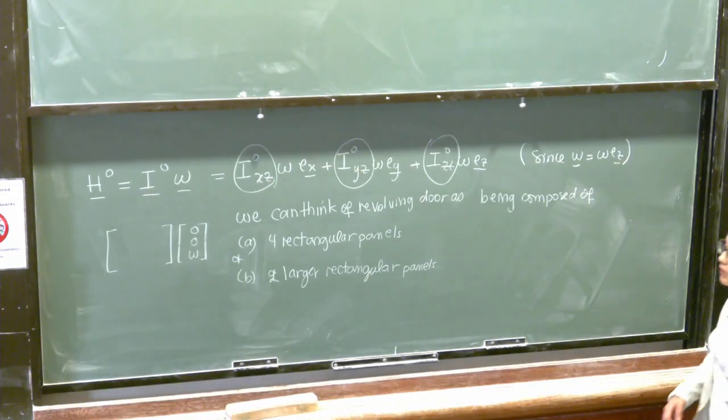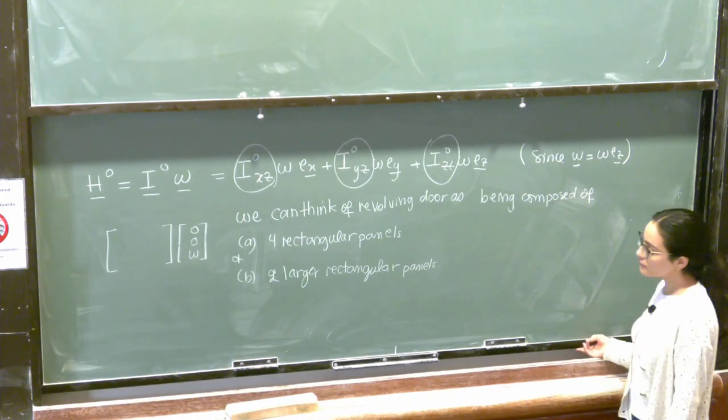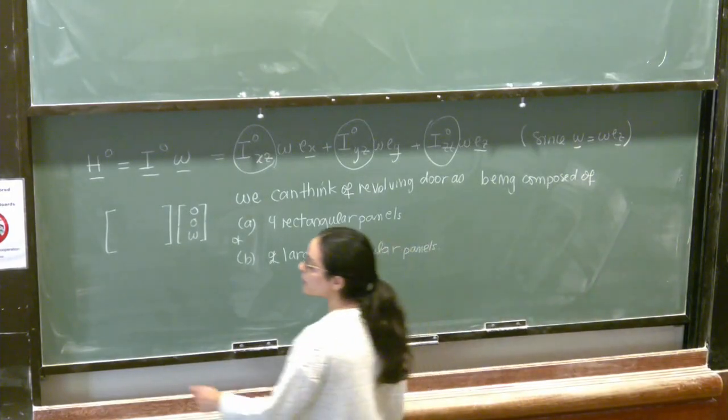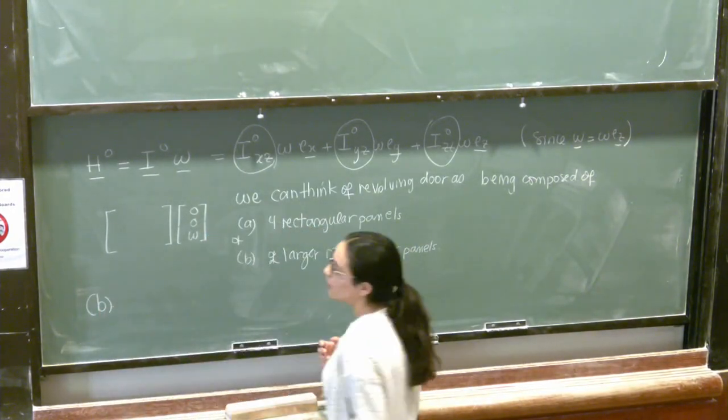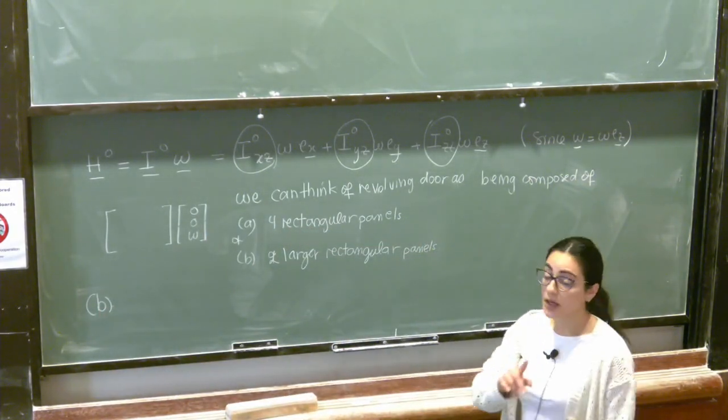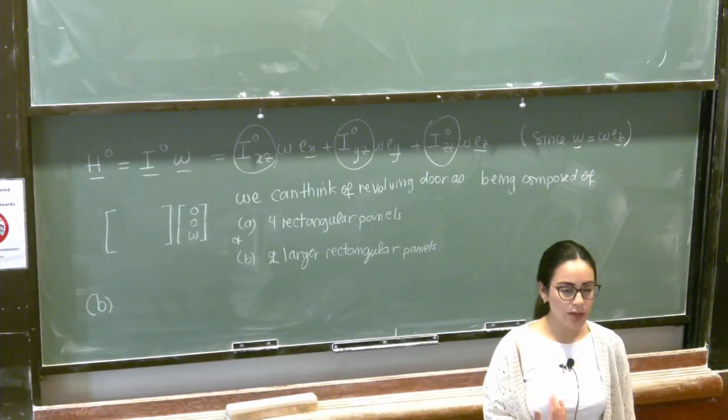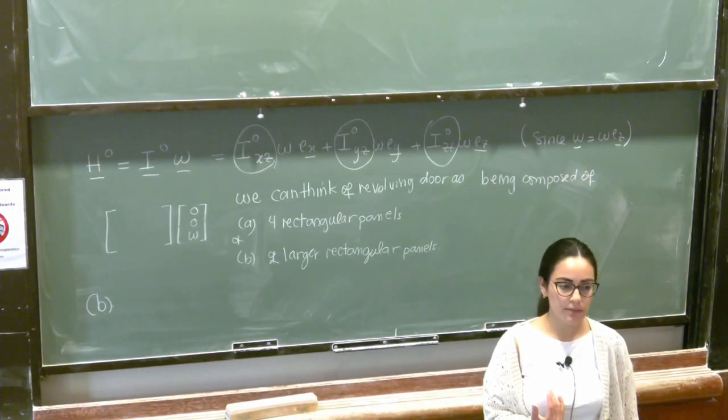Okay, so we can think of the revolving door as being composed either of 4 rectangular panels or 2 big rectangular panels. In both cases, when we calculate the moment of inertia, we should get the same answer, right? Let me use case B. Let us first agree on what the products of inertia are in this system.